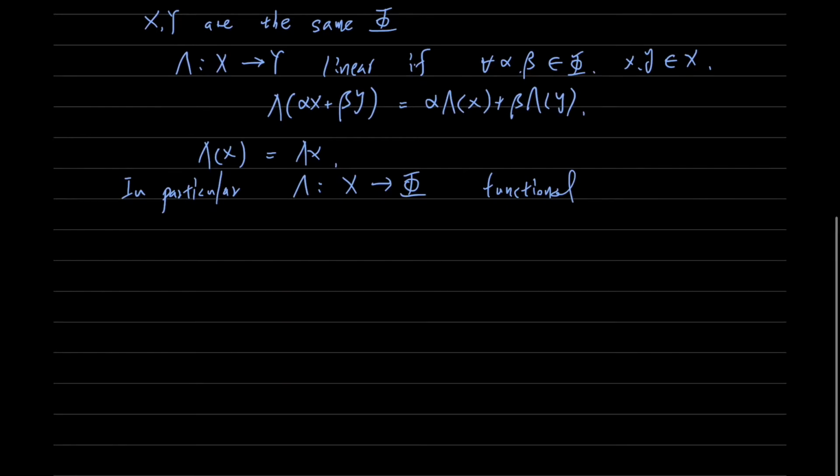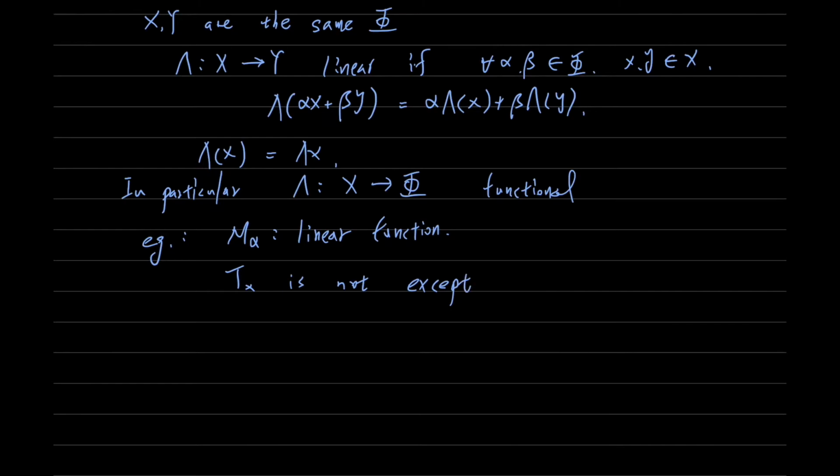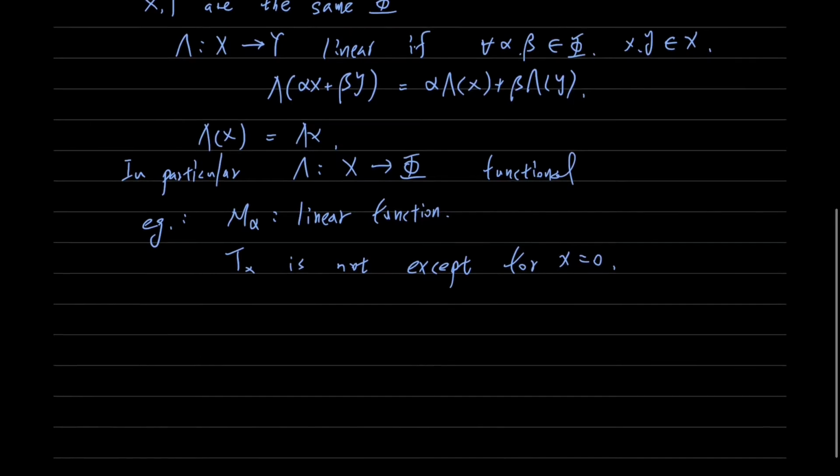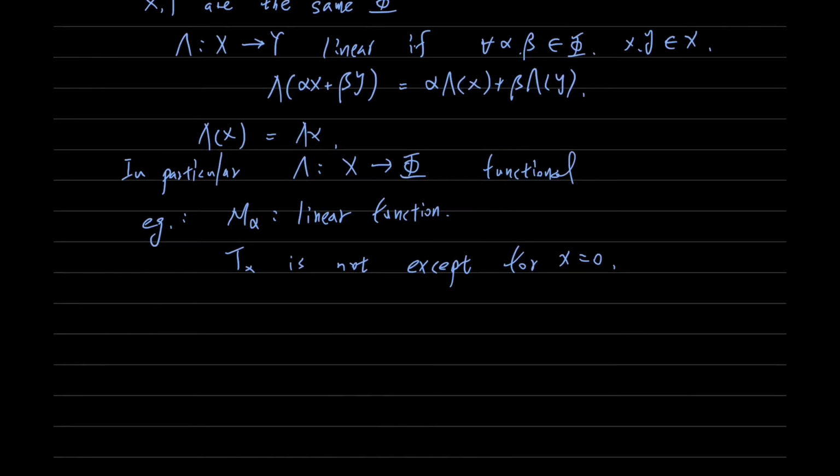So for example, we have the scalar multiplication operator. This is a linear function or linear operator. However, the translation is not, except for x is 0, which is just an identity. So scalar multiplication is linear, but translation is not.